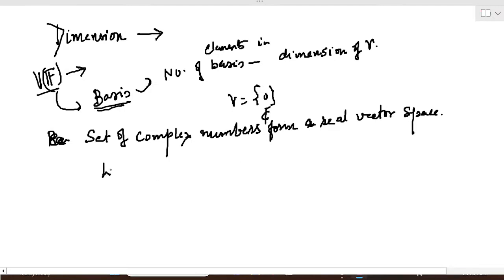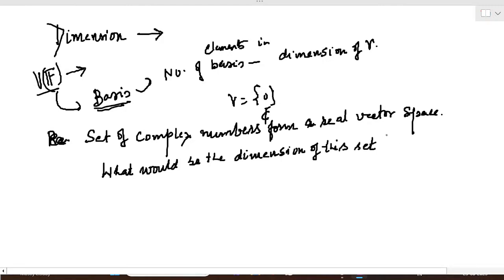What do you think would be the dimension of this set?